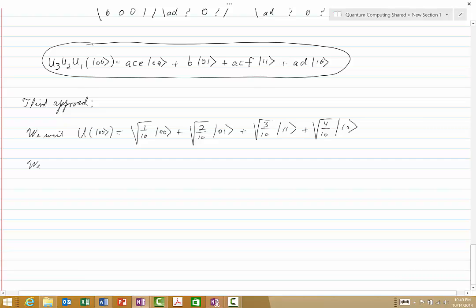We'll suppose we have U1, U2, and U3 as described in problem 20.3.